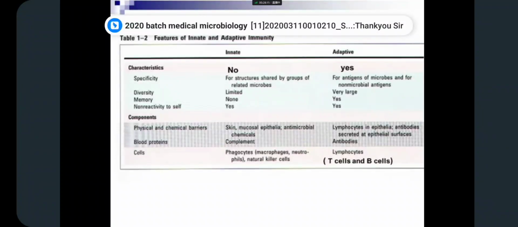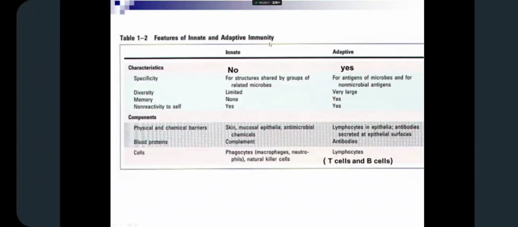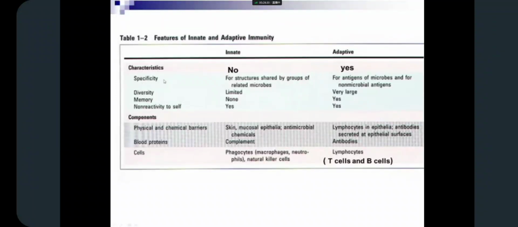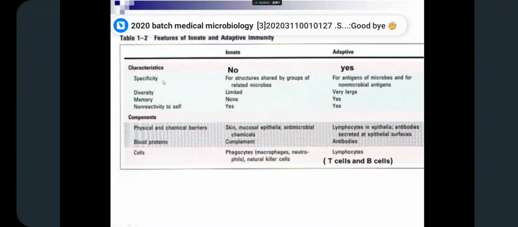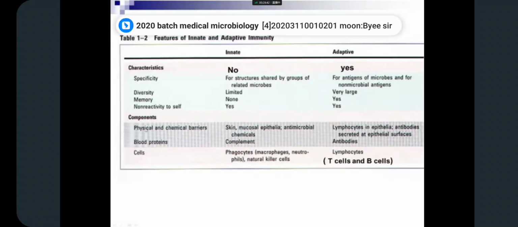You can see the two immunity have different characteristics. The most important one is specificity. The innate immunity has no specificity, but adaptive immunity has it.